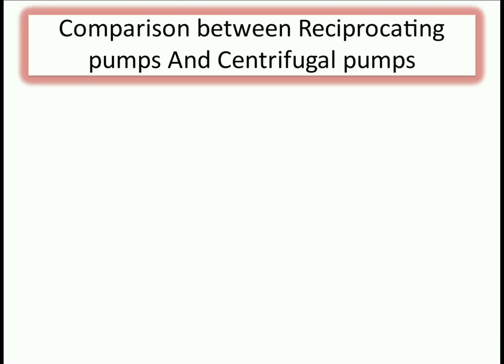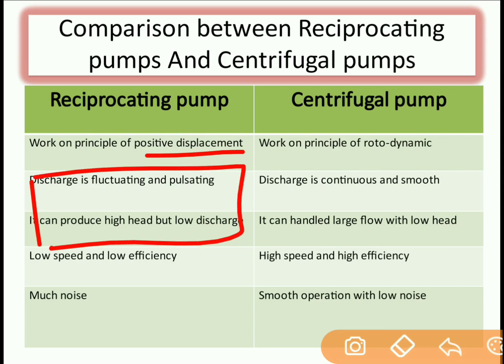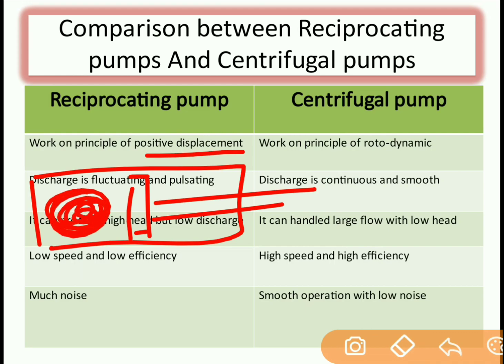Next, comparison between reciprocating and centrifugal pump. First point, reciprocating pump works on the principle of positive displacement. Positive displacement means pressure increases because volume reduces. In the piston and cylinder mechanism, as the volume of liquid inside the cylinder reduces, pressure gets increased.